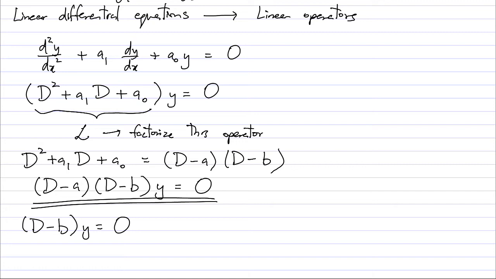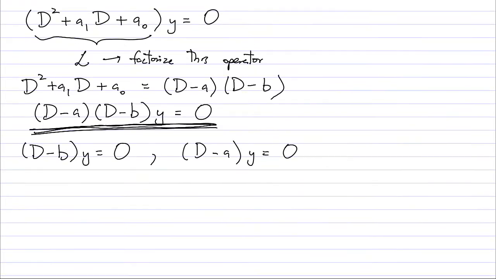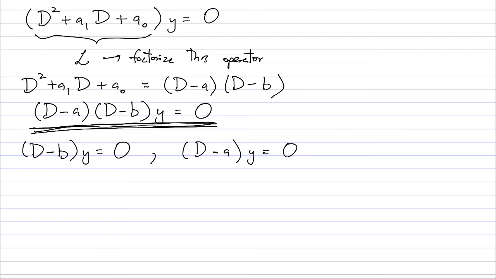Because this linear differential equation can also be true if (D minus a) acting on y is equal to 0. And you can easily check that. In other words, since almost all of you have done quantum mechanics, you can work out the commutator of the operator D minus a with D minus b.